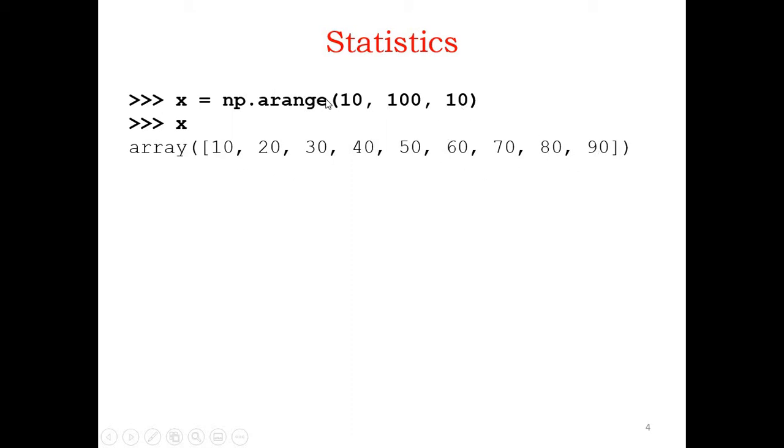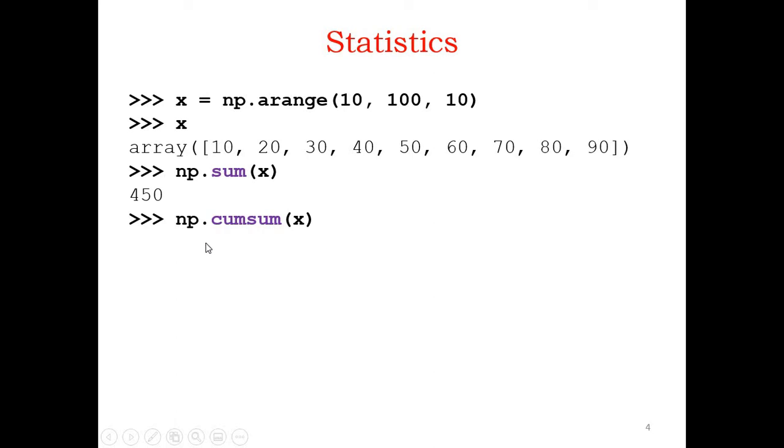As you know, arange is the number creator in Numpy. So if you write np.sum(x), this will calculate the sum of the numbers. Of course, this is a one-dimensional array, so it's no problem. It will just sum all the numbers, 450.